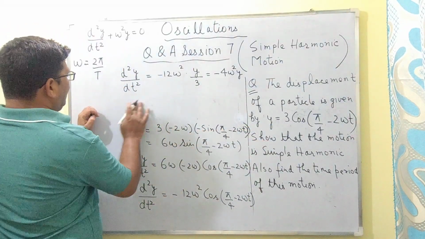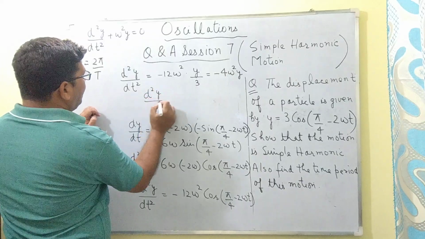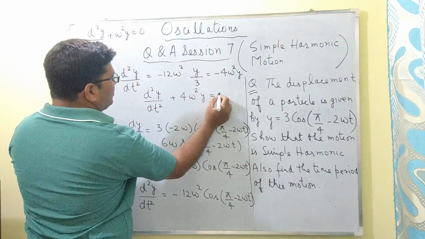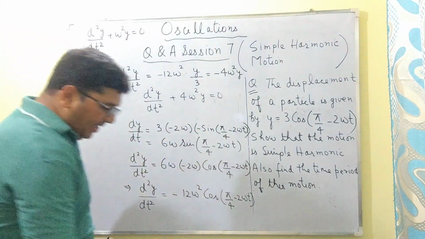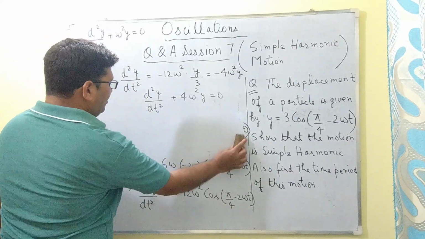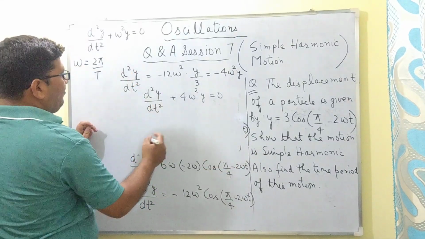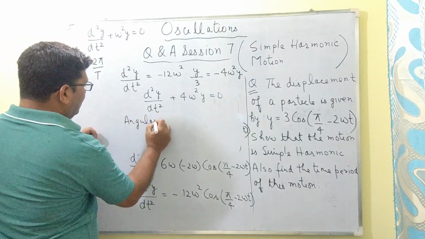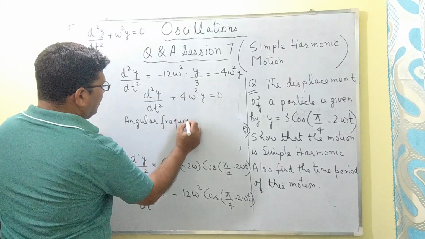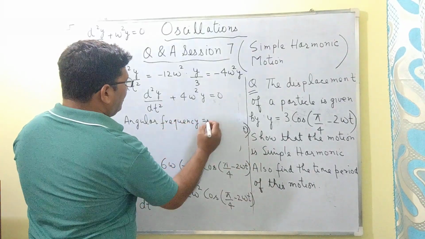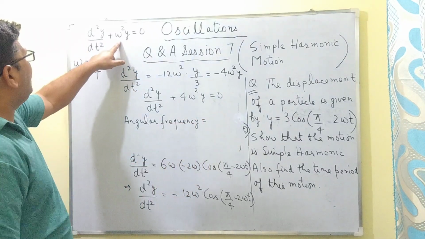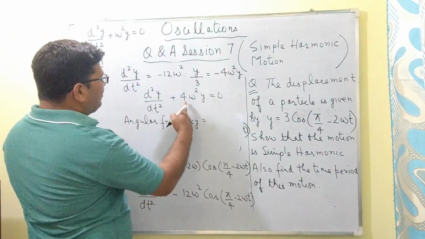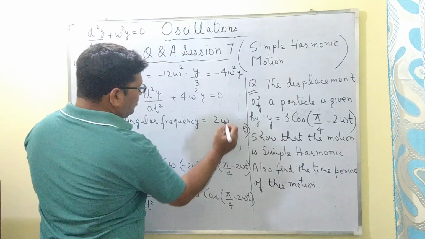So if I compare this equation, that is d square y upon dt square plus 4 omega square y equal to 0, with this equation, then the angular frequency will be equal to 2 omega.